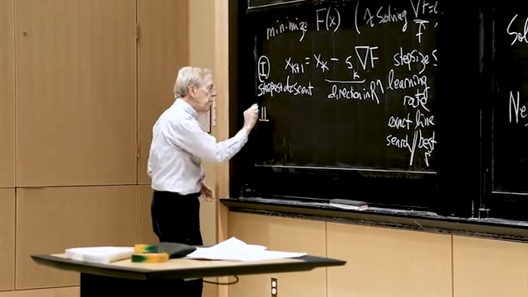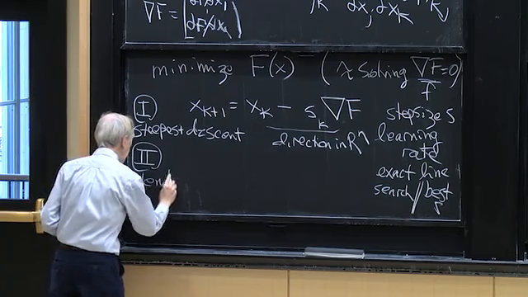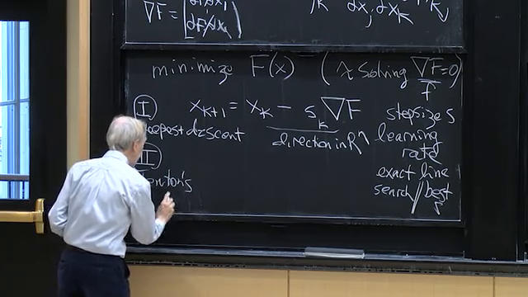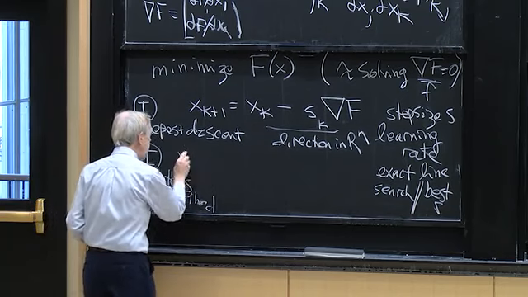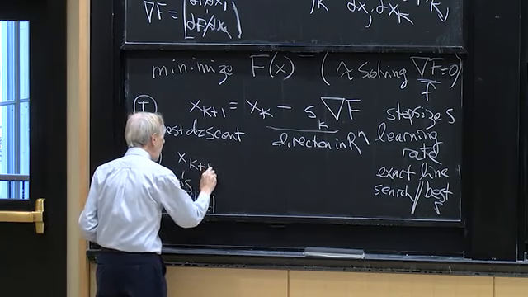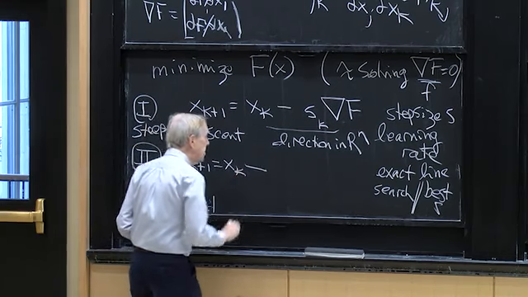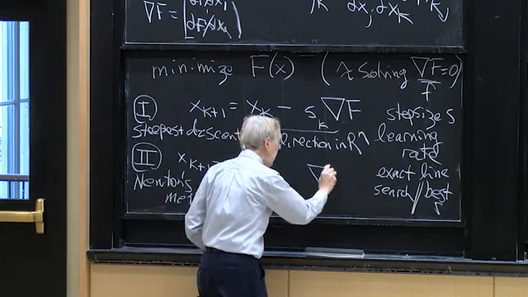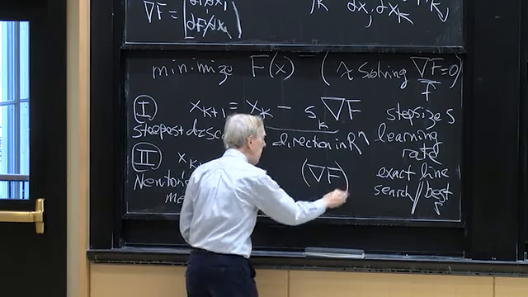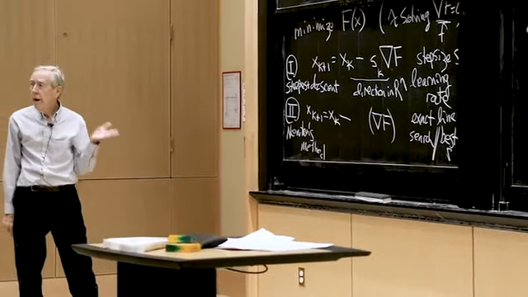Now method 2 will be Newton's method. So now we have xk plus 1 equal to xk minus something times gradient f. And now I'm going to do the right thing.